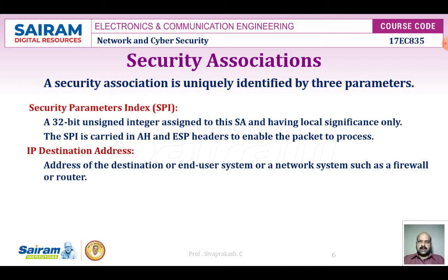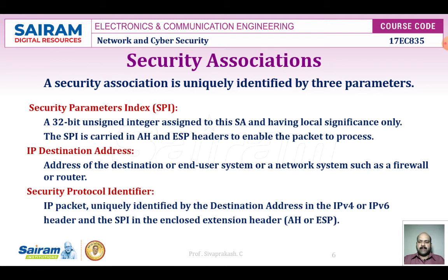This is the address of the destination endpoint of the security association, which may be an end user system or a network system such as a firewall or a router. The third parameter is called the security protocol identifier. This field from the outer IP header indicates whether the association is an authentication header or an encapsulating security payload security association.